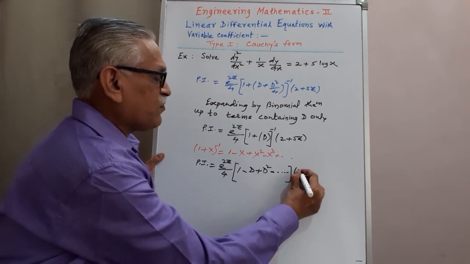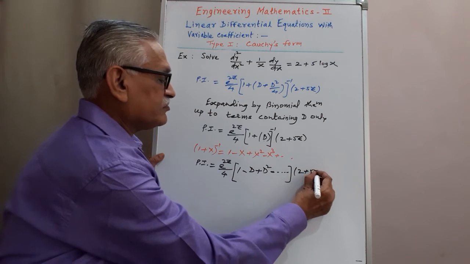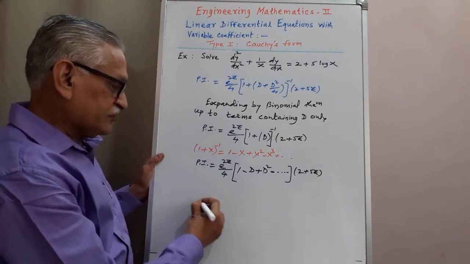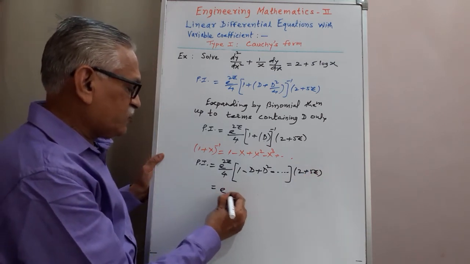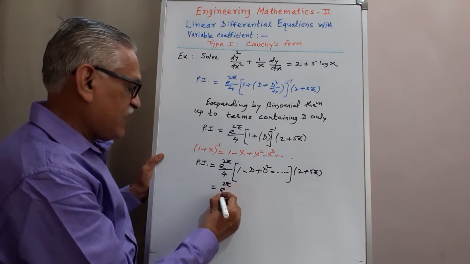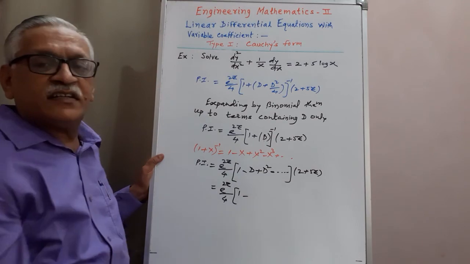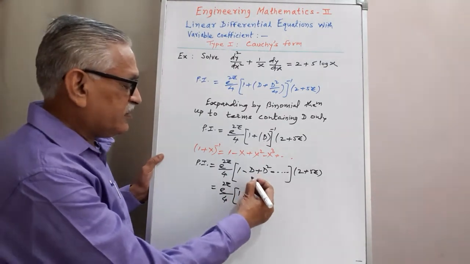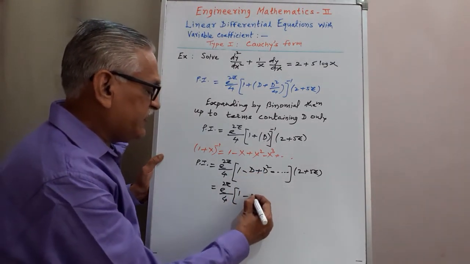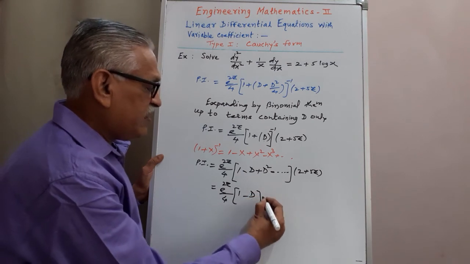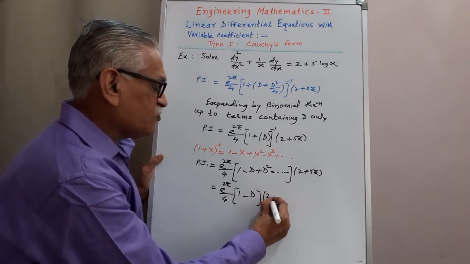And then we have to operate on 2 plus 5z. Therefore it is e raised to 2z by 4, 1, neglecting the term of d square, only keeping the term of d, and then we have to operate on 2 plus 5z.